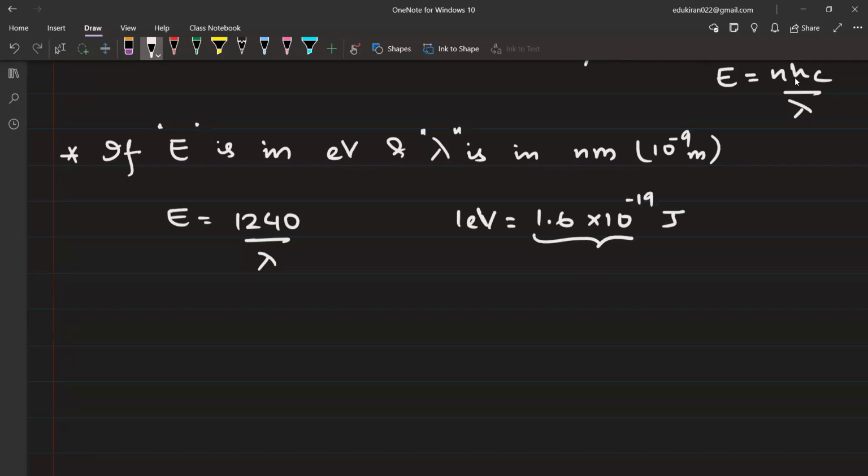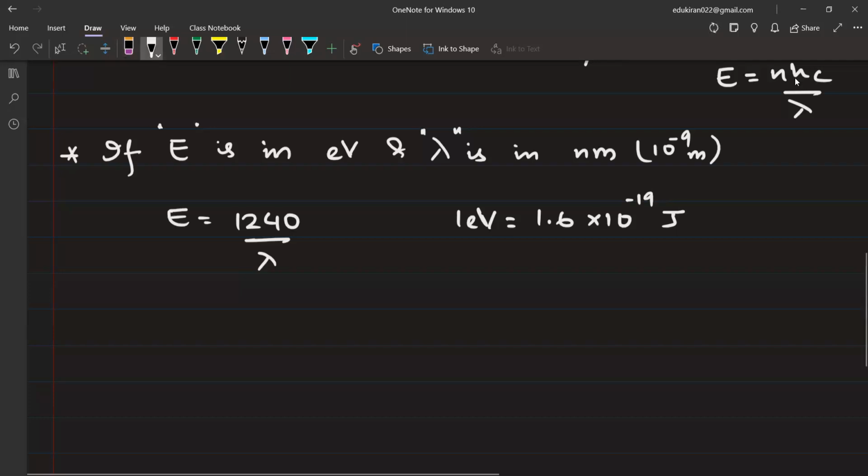This value is the same as that of the charge of an electron. It is the energy with 1 electron if I put it in a potential of 1 volt.